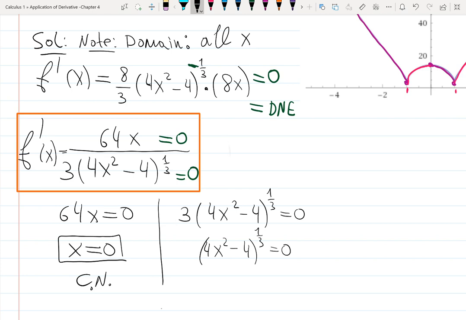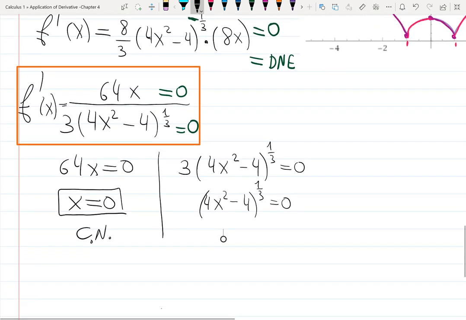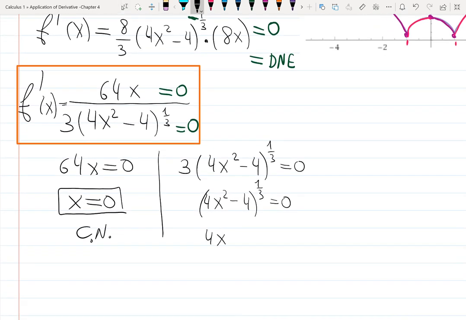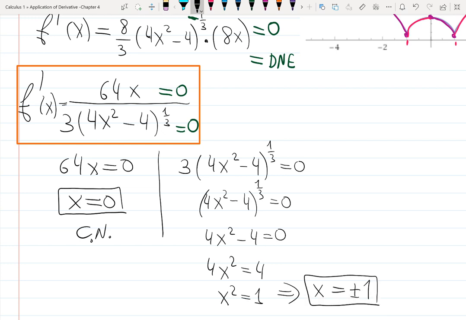Cube both sides because the 0 is on the right hand side. 4x squared minus 4 equals 0. 4x squared equals 4. x squared equals 1. That means I have two solutions, x equals plus or minus 1. That's where my derivative does not exist.